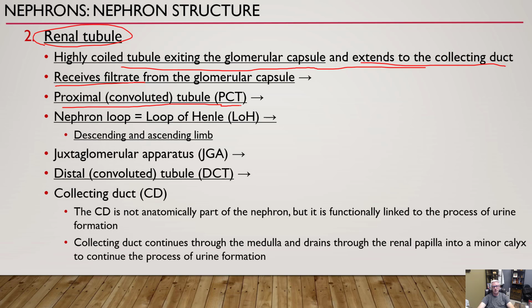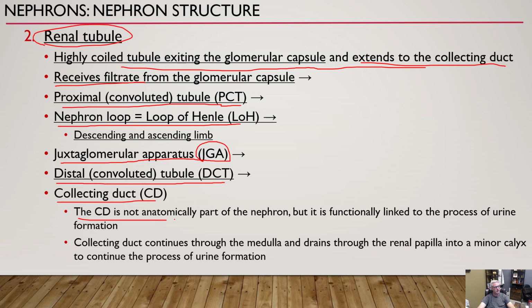I learned it as proximal convoluted tubule, so I will abbreviate it as PCT. Then it will go to the loop of Henle, and we have a descending loop of Henle and then an ascending loop of Henle. And then it'll go through this apparatus called the juxtaglomerular apparatus, and we'll spend some time talking about that. Then it'll go through the distal convoluted tubule, or DCT, and then the collecting duct.